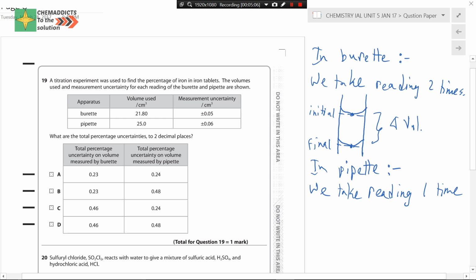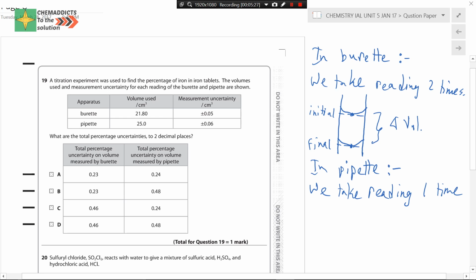So in the burette we take reading 2 times, that is the initial volume and the final volume, and in the pipette we take reading 1 time. Since there is no initial reading or final reading in the pipette, we just take 1 reading, that's it. So that's how it is measured.